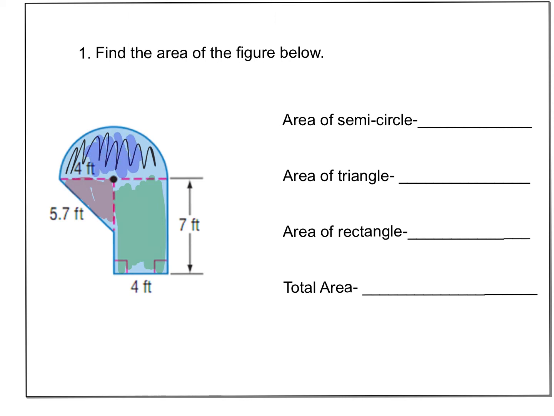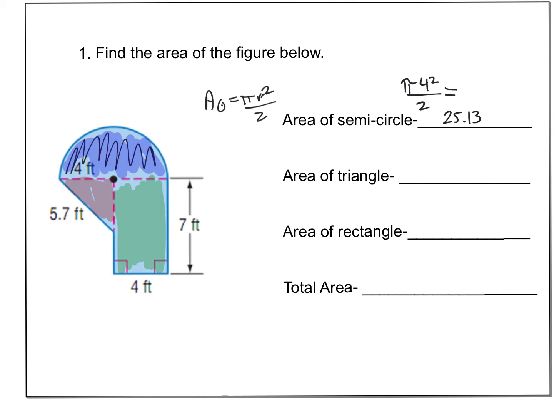So I've got semicircle, triangle, and rectangle. So semicircle, well, the area of a whole circle is pi r squared. But I only want semicircle, so I'm just going to divide that by 2. So I want pi times 4 squared divided by 2. So that is, when I do all that, that's 25.13.